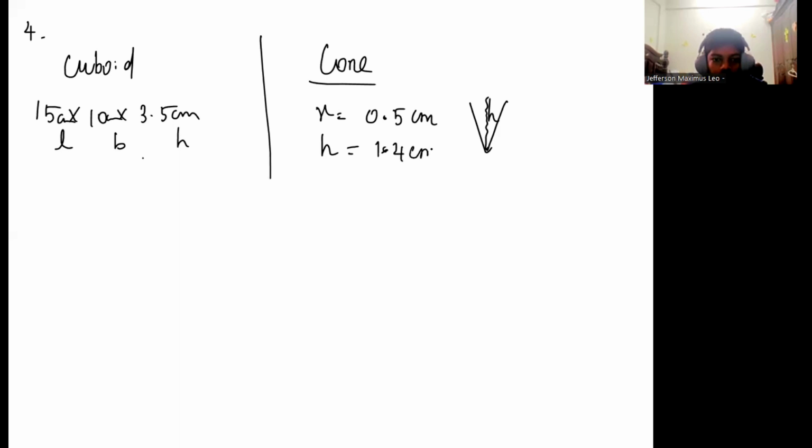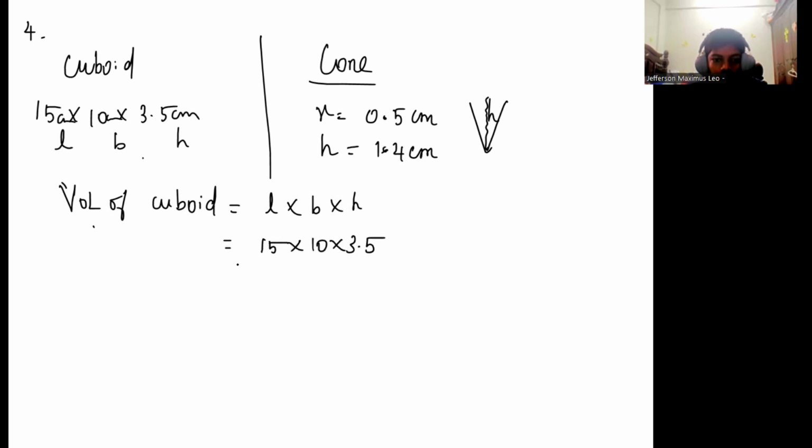So first we find the volume of the cuboid. That is L times B times H, so 15 times 10 times 3.5. Just multiply: 15 times 35.